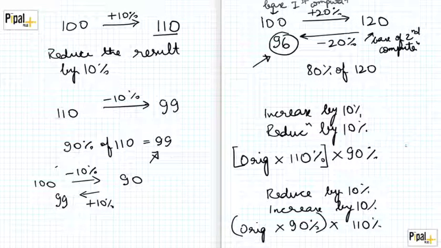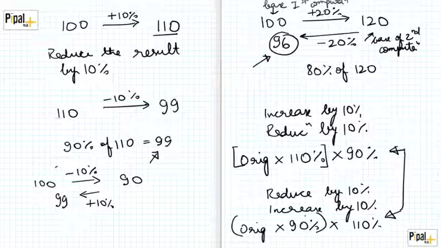So essentially this computation and this computation are exactly the same. It's just the order of my multiplication which has changed. So it doesn't matter whether you reduce something first and then increase the result, or increase first and then reduce.